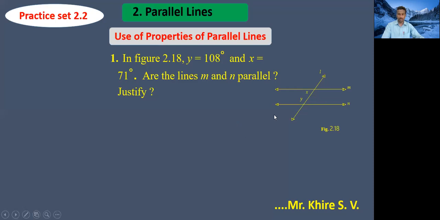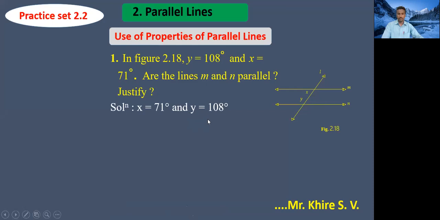Opposite angles are congruent, alternate angles are congruent, corresponding angles are congruent, interior angles are supplementary. These are the properties of parallel lines. Now, by using these properties, we have to solve all these examples in practice set 2.2. How to use properties of parallel lines here.